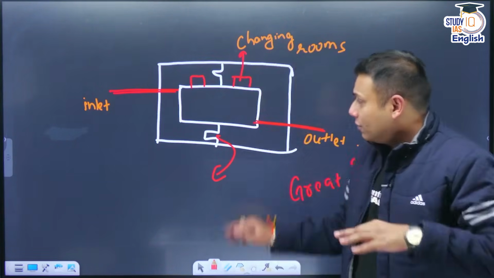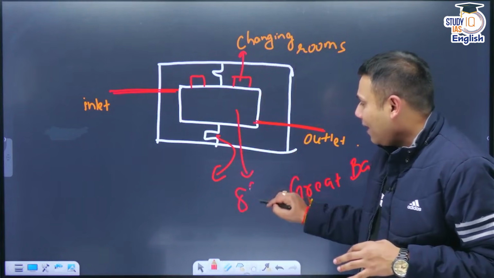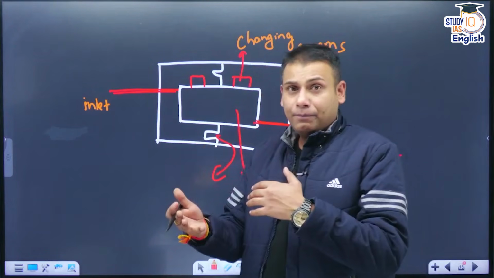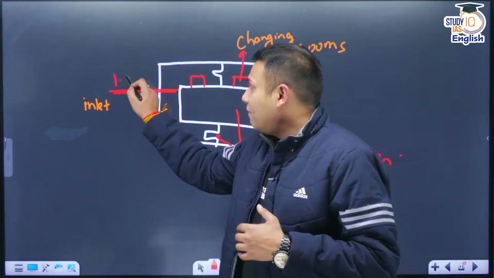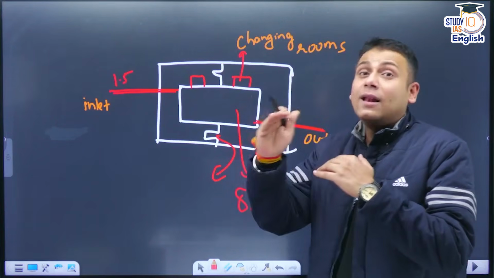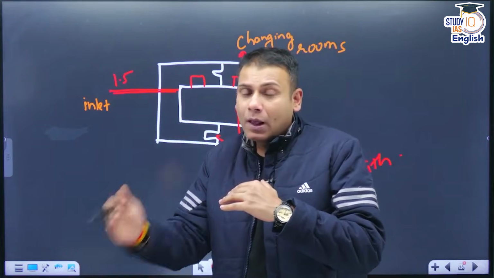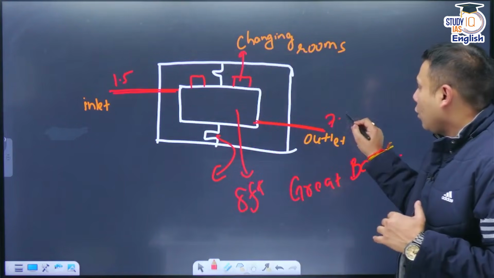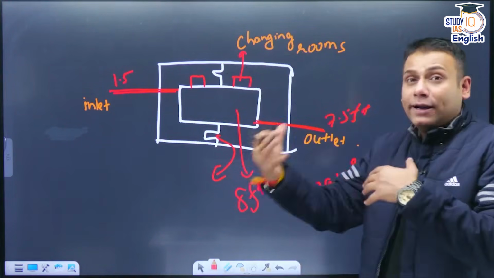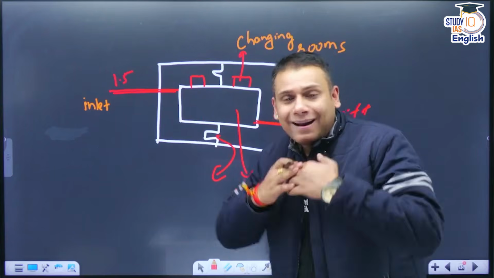Okay? Now, this pool is approximately 8 feet deep. At 1.5 feet, one can find an inlet through which the fresh water enters into the pool. Around 7.5 feet, one can find an outlet through which the filthy water is drained out.